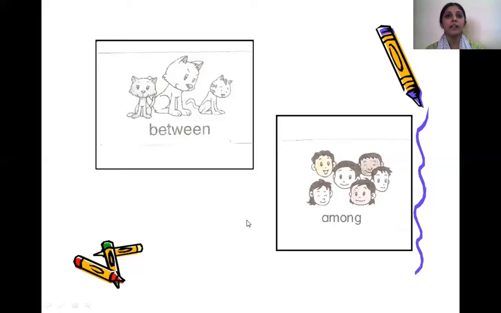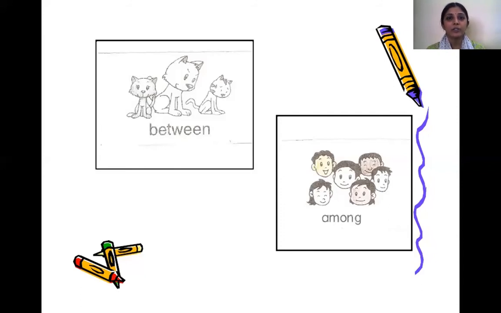Between and among. I had told you in the beginning that they both are very common but interesting, and there is a slight difference between and among. So the very images, the very pictures are self-explanatory.